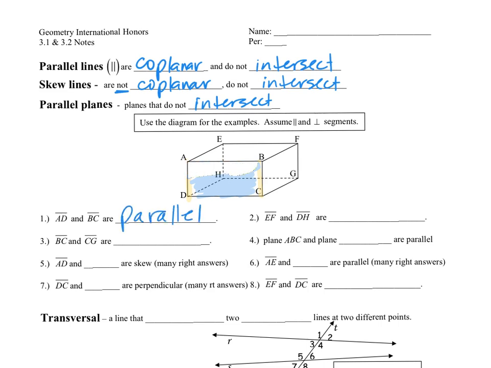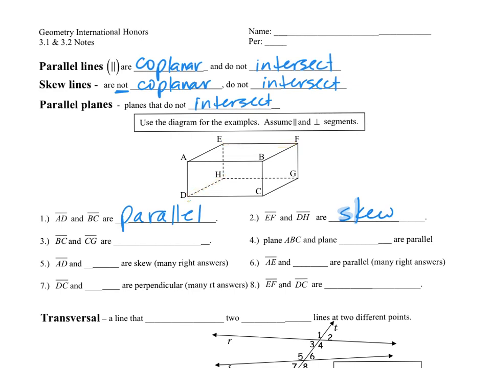And then number 2, segment EF and segment DH. Okay, so those segments do not lie in the same plane, and they will never intersect. So that would be an example of two segments that are skewed to each other. They do not lie in the same plane, and they do not intersect.